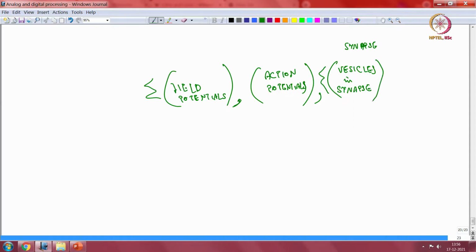So, you need to know the function value of every single vesicle in every single synapse, and receptor density. Not only density, but you are looking also at activation.